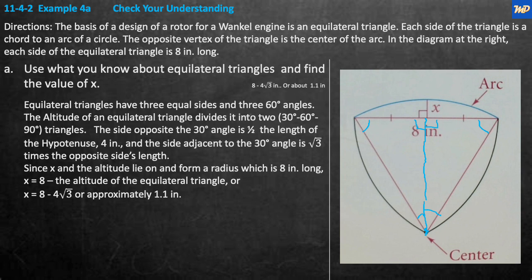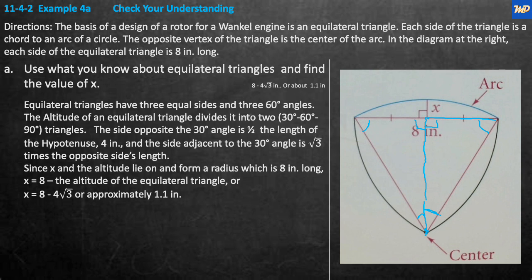The opposite side of the 30-degree angle, down here, pick either one you want. This is maybe a nicer one over here. This 30-degree angle, the opposite side, this section right through here, is half the length of the hypotenuse.